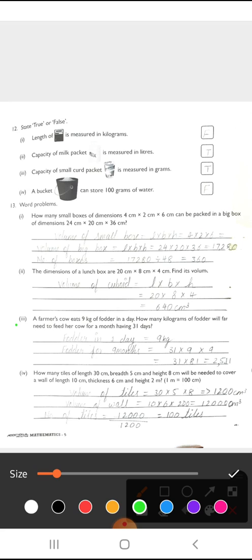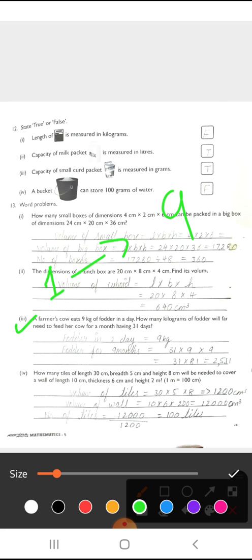Now question number 3. A farmer's cow eats 9 kg of fodder in one day. So in one day it is eating 9 kg of the fodder. How many kilograms of fodder will the farmer need to feed her cow for a month having 31 days?